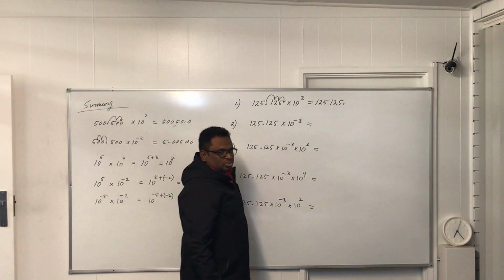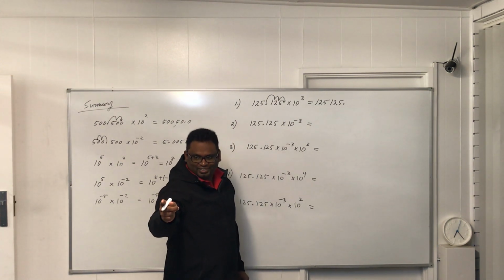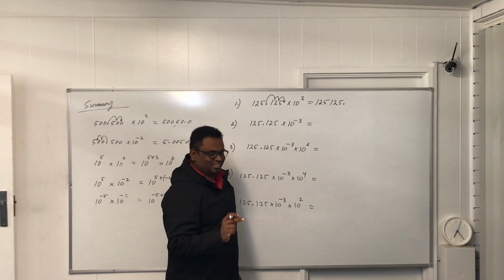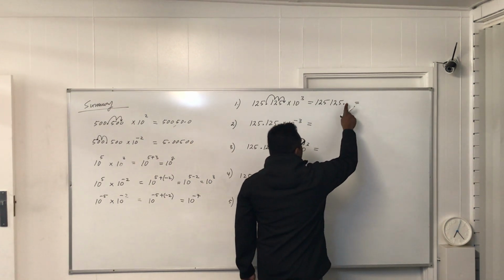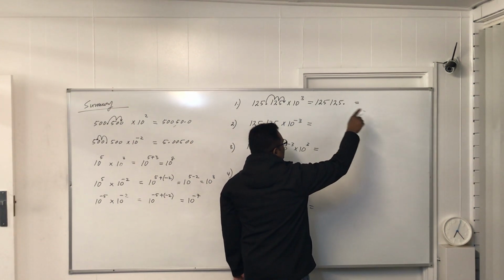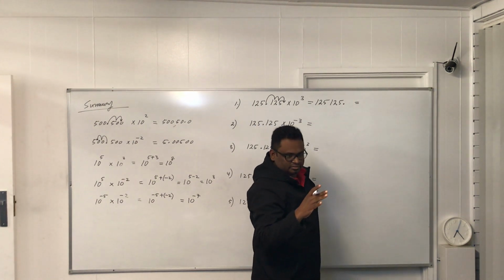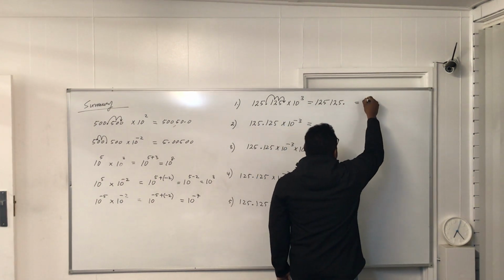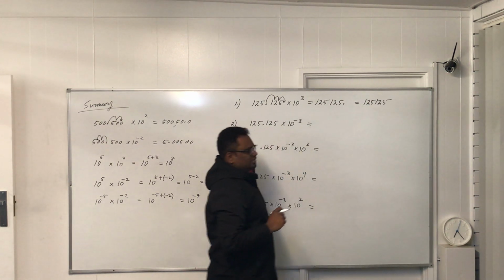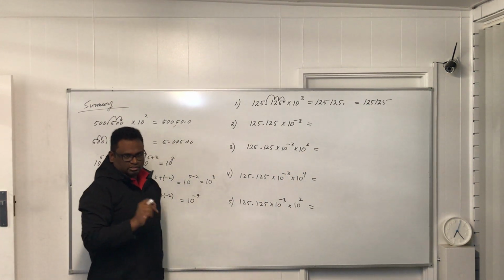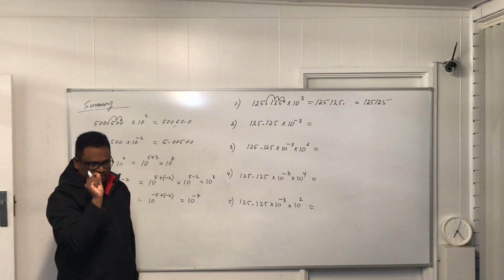All good? So now, if you have a dot at the last, you can ignore it. So you can say 125. Easy. Do one by one, correct?